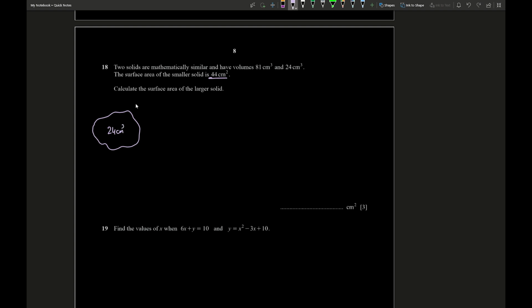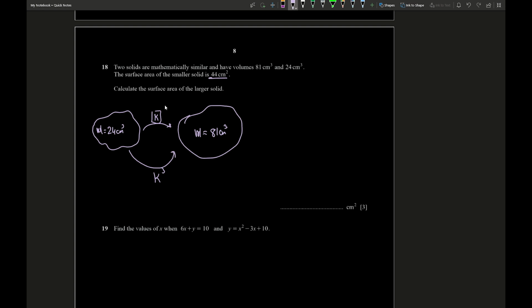Apparently this shape has been enlarged by a scale factor k, meaning that we multiplied all the side lengths of the original shape to form a larger shape, which has a volume of 81 centimeter cube. So what happened to the volume? Well, the volume has been enlarged by a scale factor k raised to the power of 3.